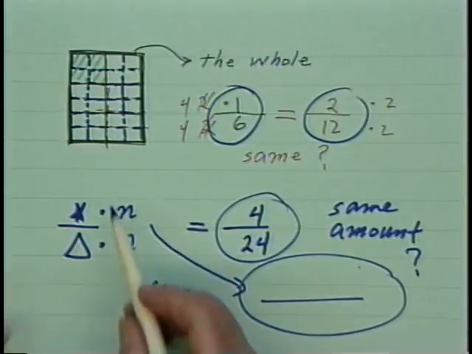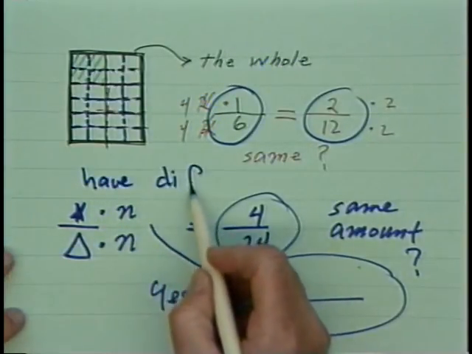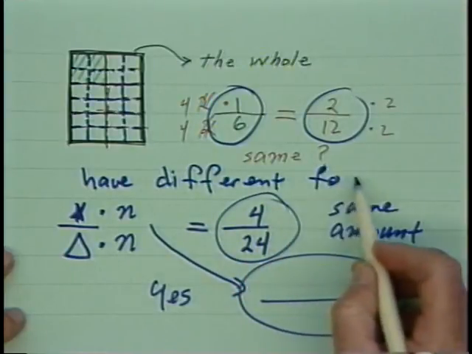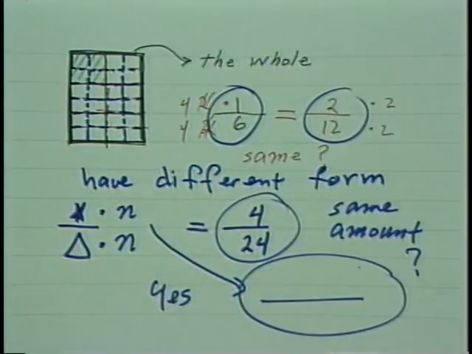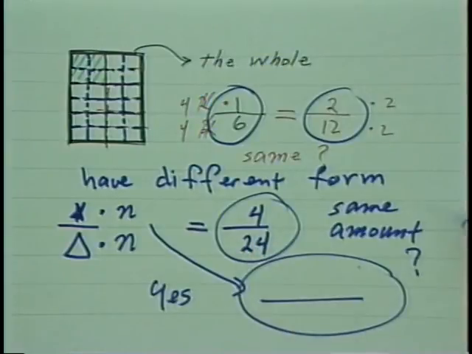So you begin to realize that fractions have different forms. So we will have to pay attention to this and ask ourselves, if we have several fractions that look different, are they really? Or are they all really the same number which simply have different forms for that same amount?